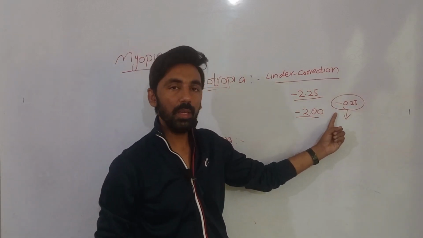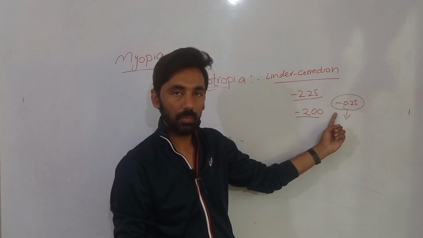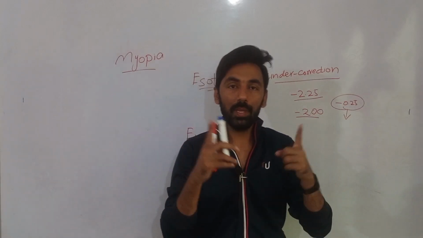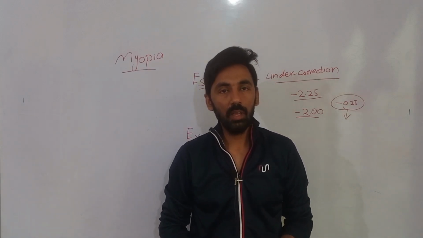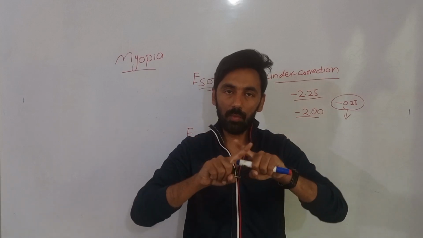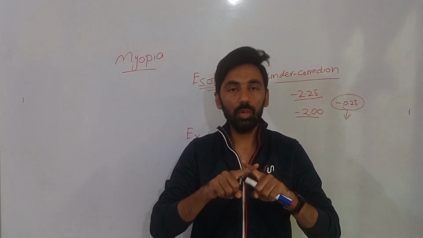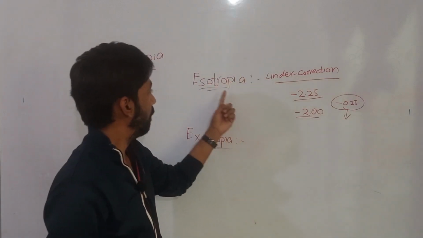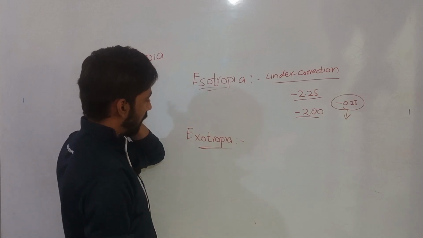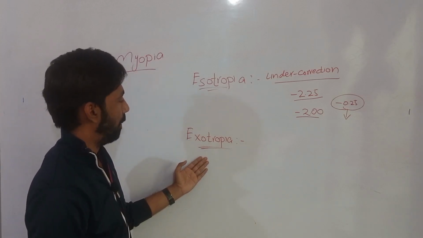If myopia is still there in the eyeball after correction, and as I have said, the myopic eye can never accommodate, right? And if the eye can never accommodate, the convergence will never occur, and if the convergence never occurs, it can help in esotropia, right? Simple.